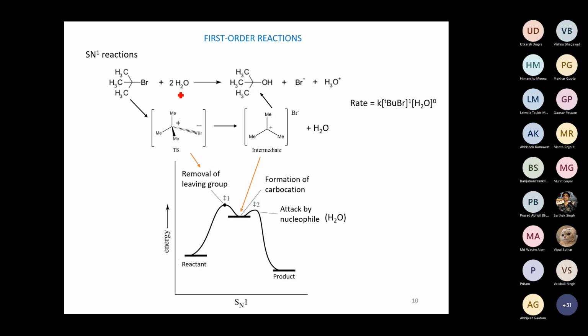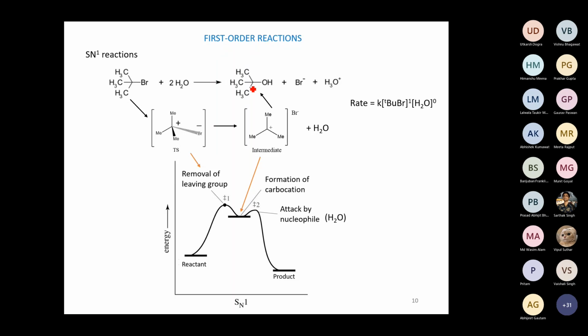It reacts with water to give t-butanol plus Br minus, bromide, plus H3O plus. This is the balanced chemical equation. This is basically the simple hydrolysis of t-butyl bromide to give the corresponding t-butanol.